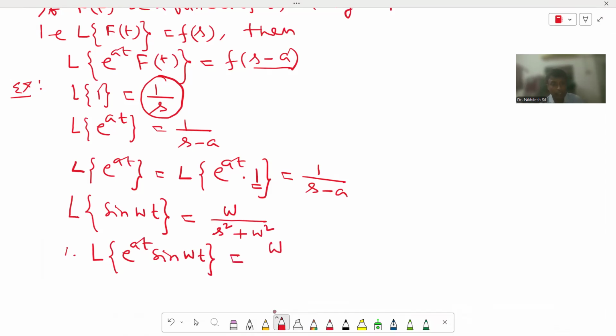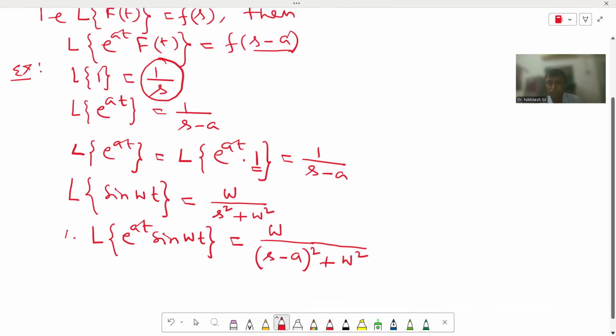So omega divided by s minus a whole square plus omega square. So that means if anywhere in place of s it is s minus a, we have to use the shifting property, since the main function is multiplied by e to the power at.